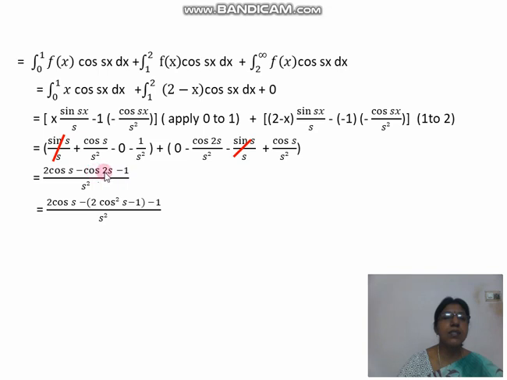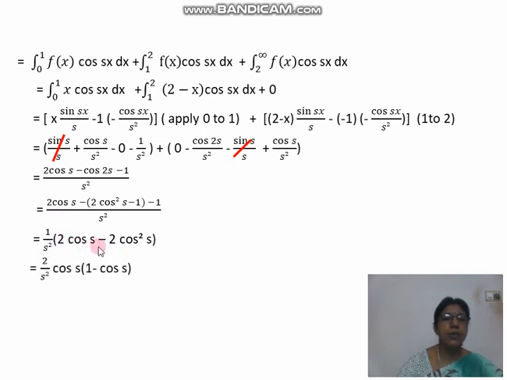In place of cos 2s you put 2 cos square s minus 1. Now you see here 2 cos s minus 2 cos square s plus 1 minus 1 cancel out. Finally we get 1 by s square, 2 cos s minus 2 cos square s.